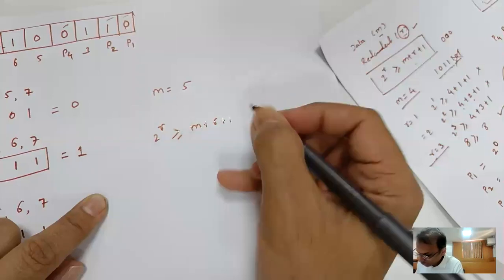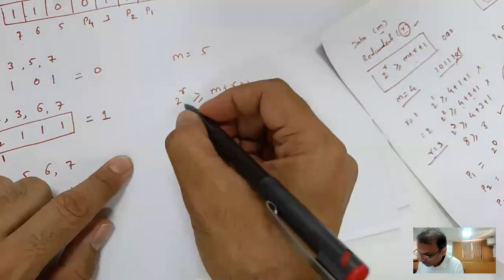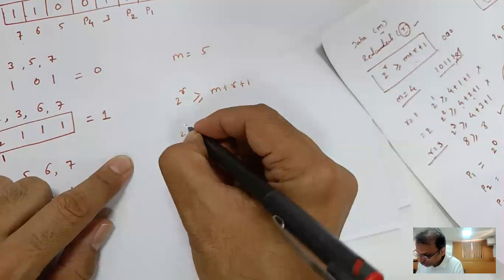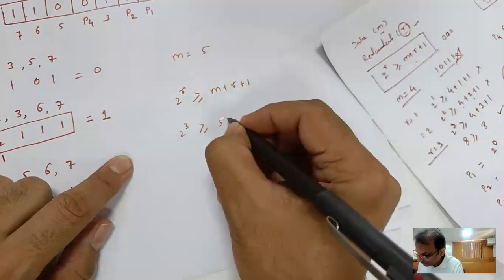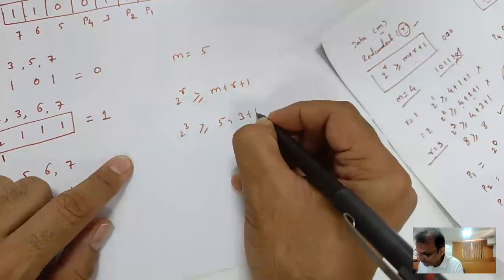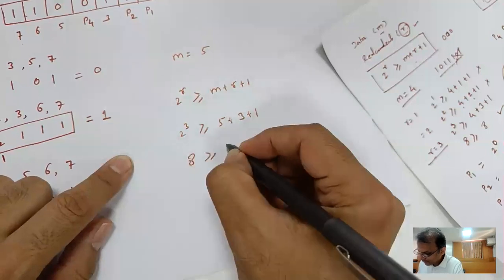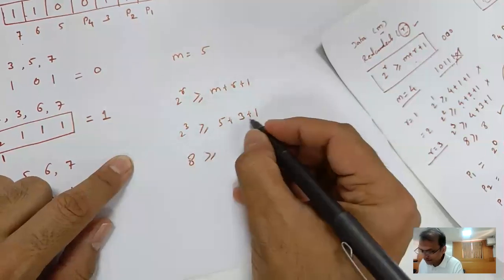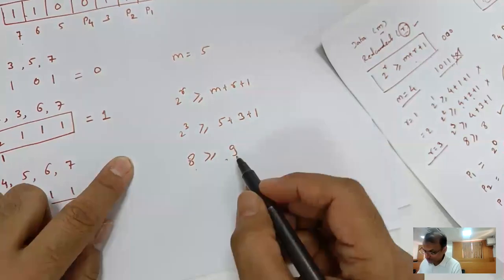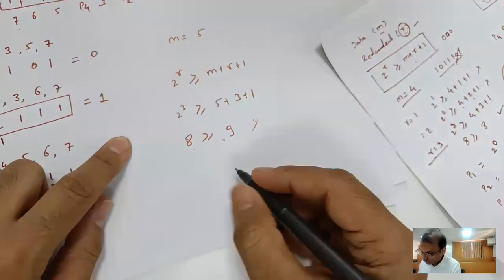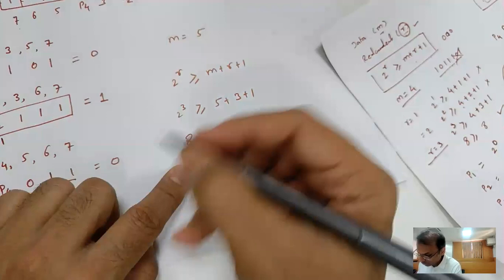So what is the value of R we are putting? Let's say 3. So it doesn't match here. 5 plus 3 plus 1 is 9, and 8 is not greater than 9, so this doesn't match. For 5, R is equal to 4.